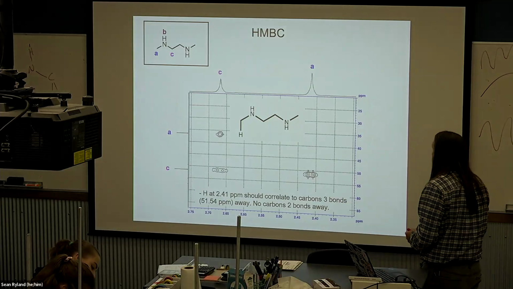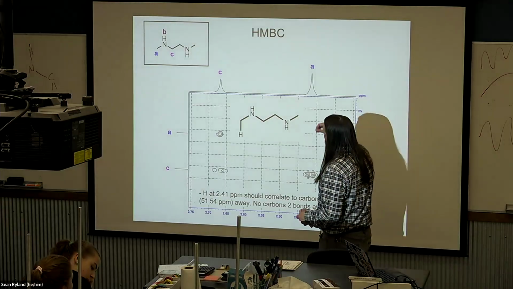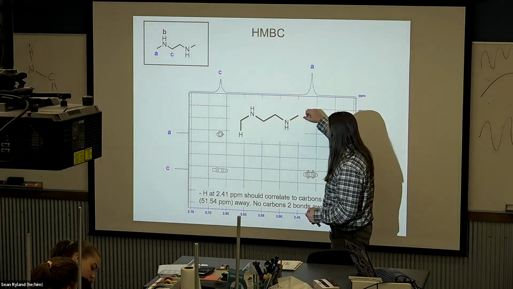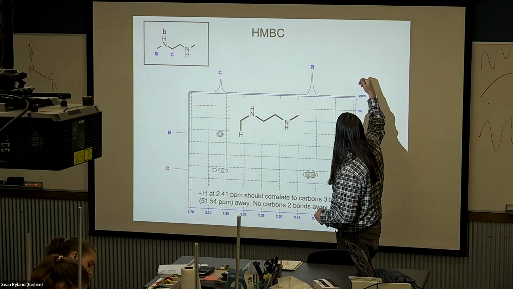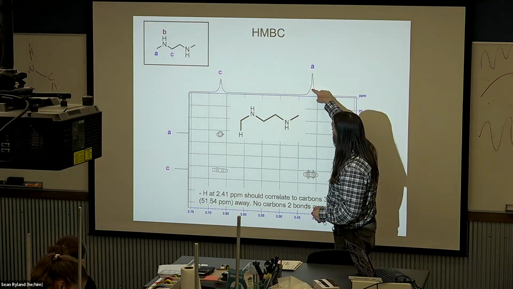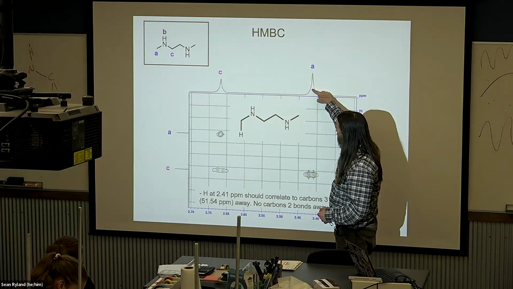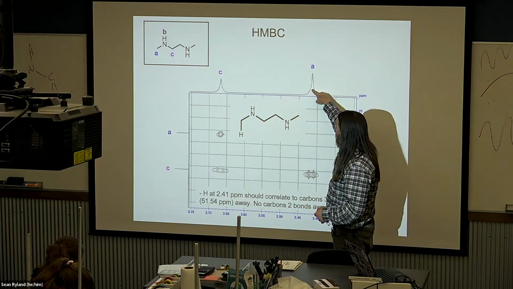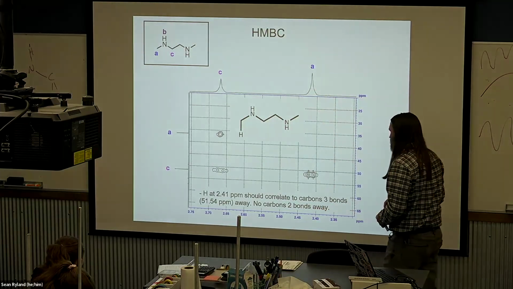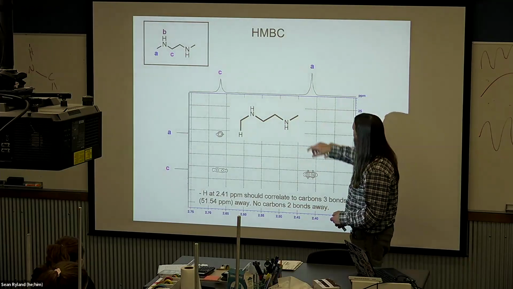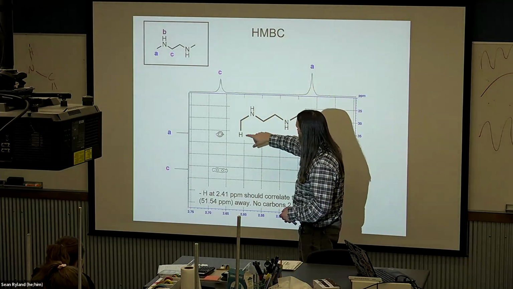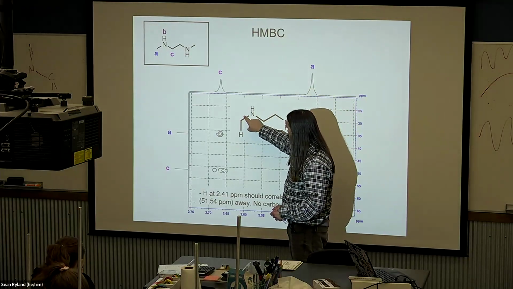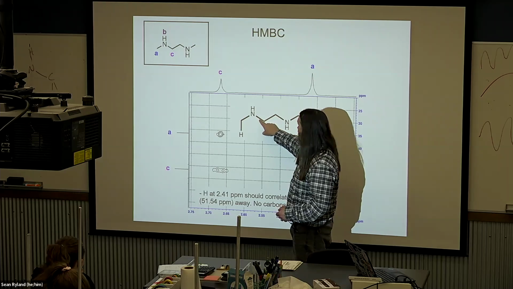Right, so our proton at 2.41, which is our methyl, should correlate to carbons 3 bonds away. So here's our methyl hydrogen, 1 bond, 2 bond, 3 bonds.